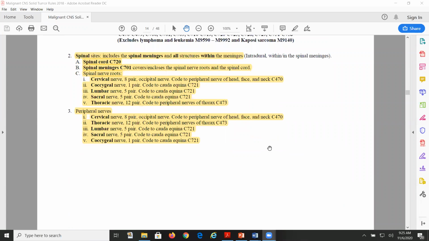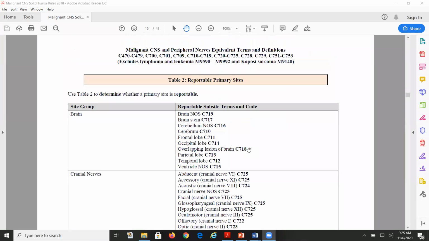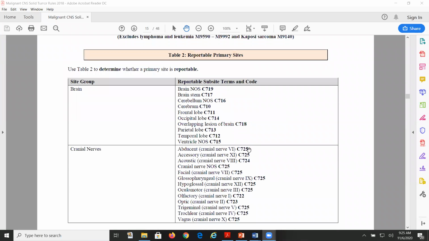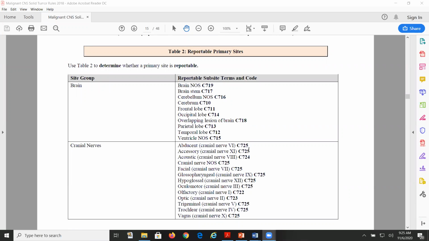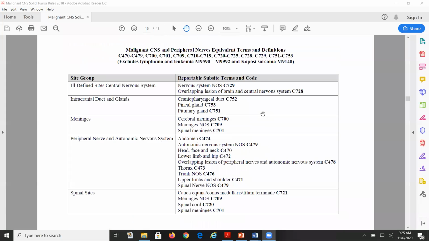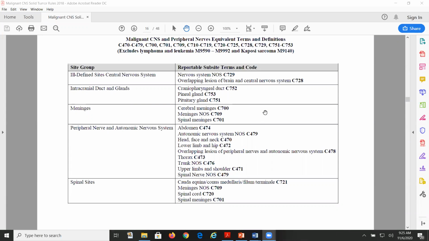And here we have a description of our spinal sites and our peripheral nerve sites, our C47s. Now here is our table of reportable primary sites. We have our brain, cranial nerves, ill-defined, which is your C728 and C729, our intracranial ducts and glands, meninges, peripheral nerves, and spinal sites.